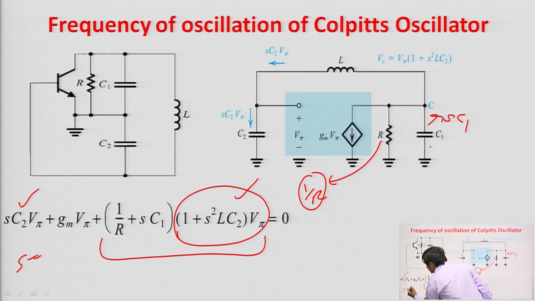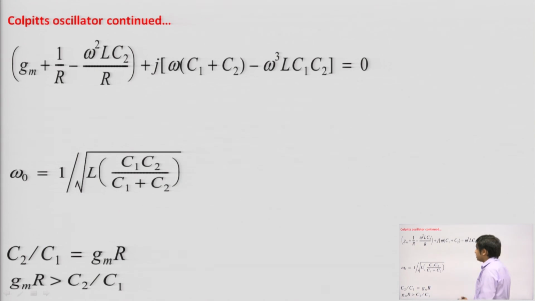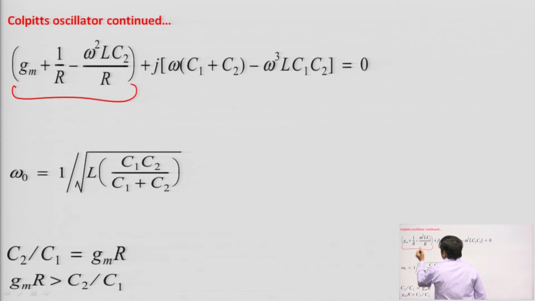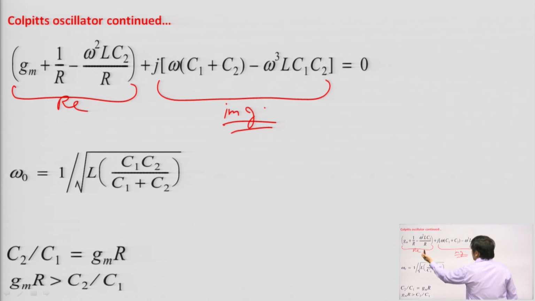Now, put S equal to j omega and separate the real term and imaginary term. These things we have already done in RC oscillators. After doing this, this is your real part and this one is your imaginary part. Of course, the equation is real part plus imaginary part equal to 0. It means that your imaginary part will be 0 and your real part will also be 0.